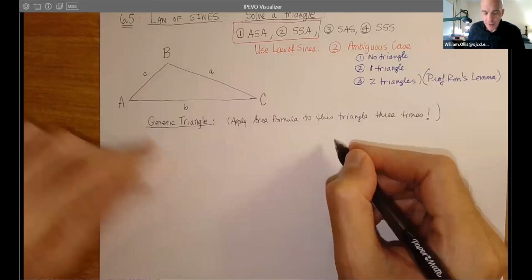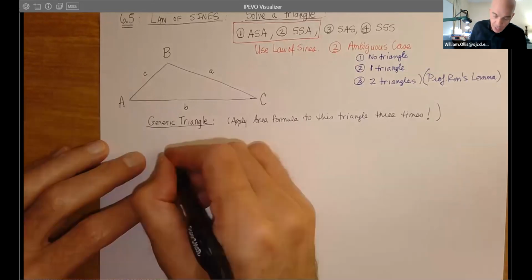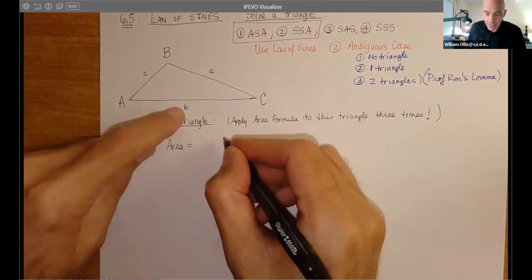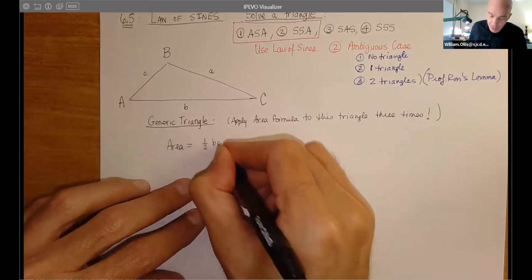So you can think of b and c with included angle A. So we'll say area equals 1/2 b times c sine of A.